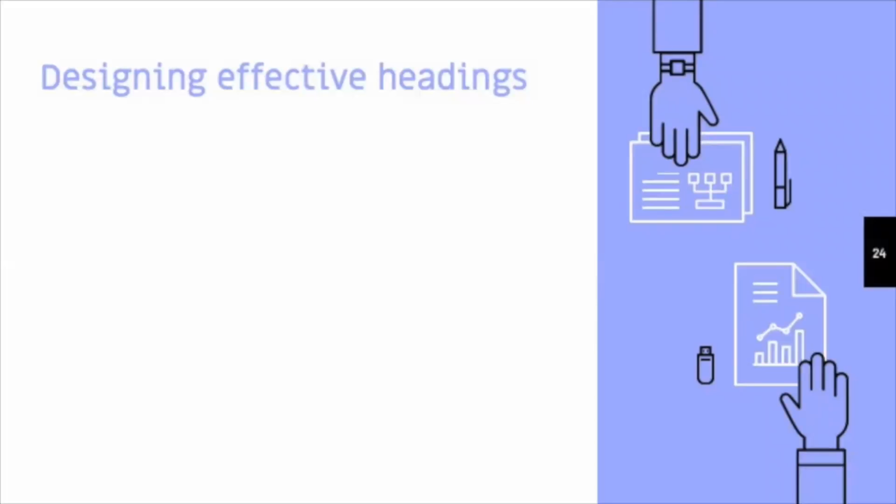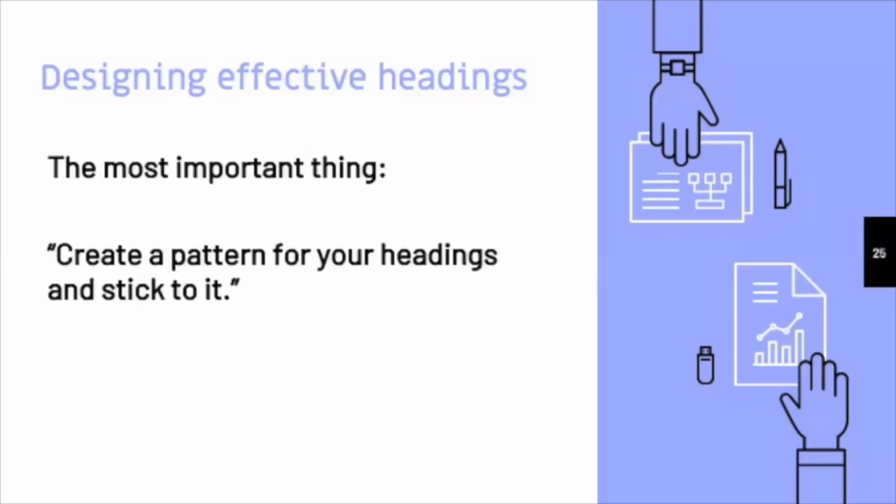If you've read Chapter 5 already, you know that the chapter spends quite a bit of time on the discussion of how to design and use effective headings. I'm not going to cover everything from that section, though all of it is important and you should definitely read that section very carefully. I'm actually going to focus on one of the major ideas from that section, namely the idea that you should create a pattern for your headings and stick to it.